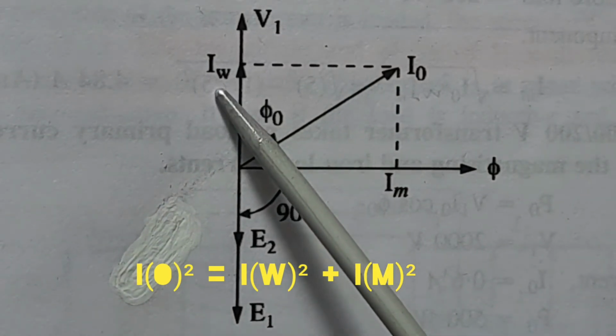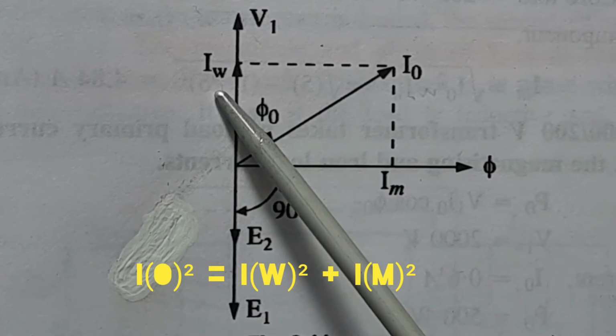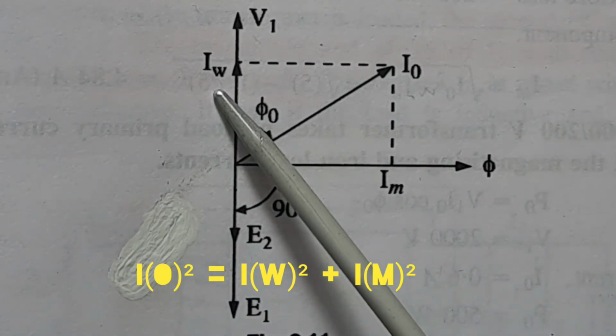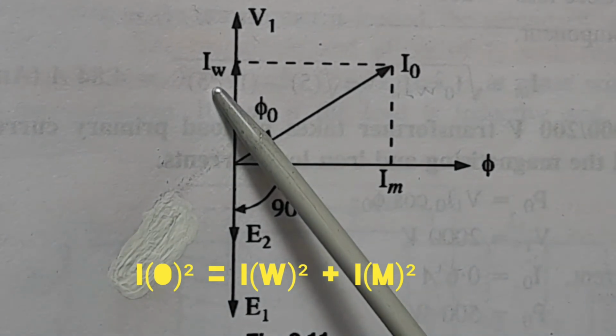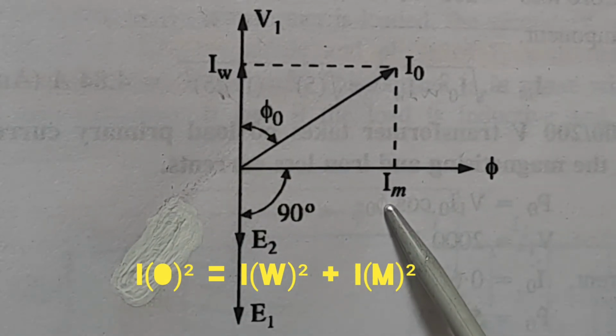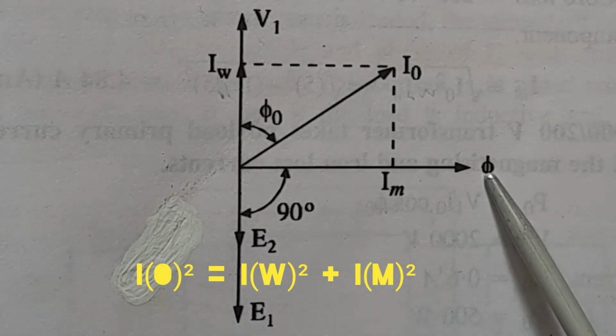This IW serves to provide iron loss, that is hysteresis and eddy current loss in the core, plus a small copper loss in the primary winding. And the other component is I magnetizing component, and it is to produce the flux.